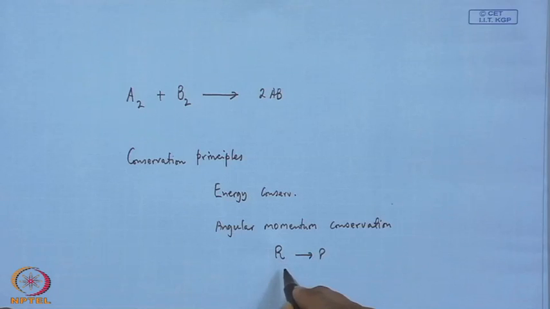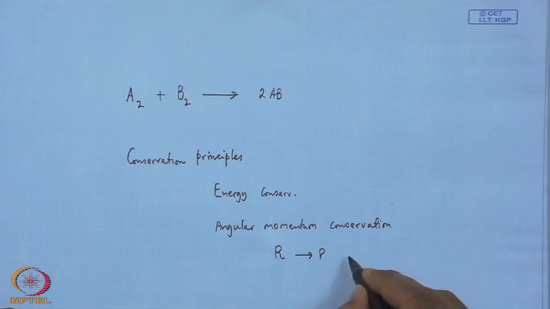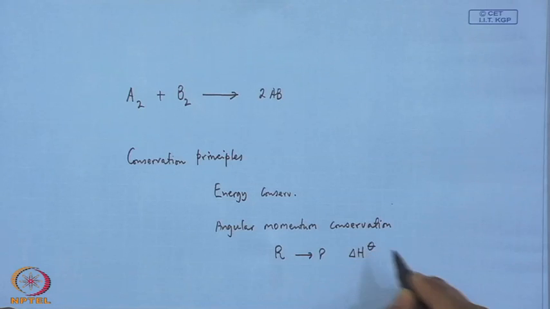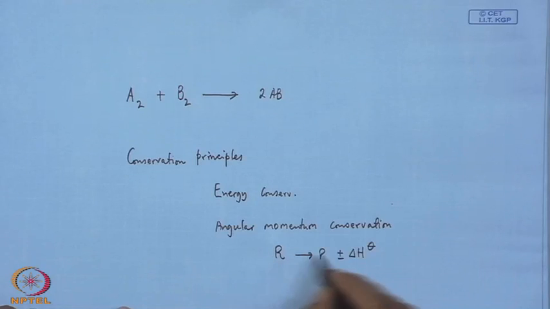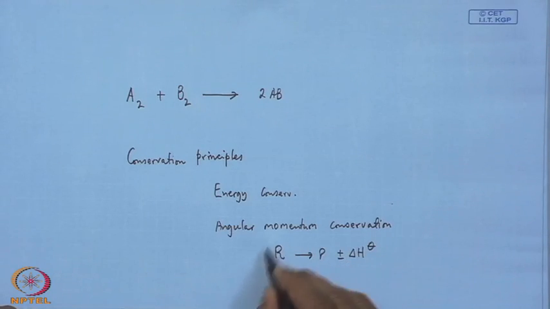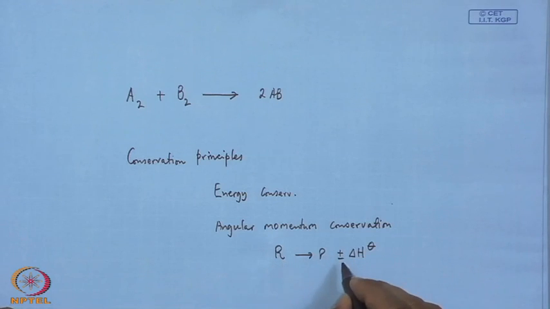There has to be conservation of energy. Suppose this reaction leads to a change in enthalpy of this much, plus or minus whatever. The left hand side total energy and right hand side total energy should be conserved. In the same way, the left hand side total angular momentum and right hand side total angular momentum must be conserved.